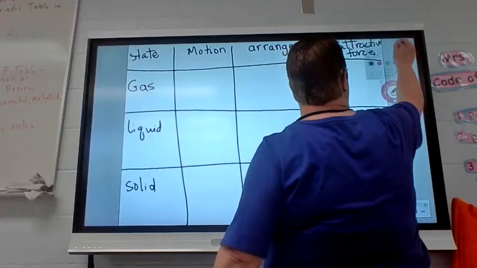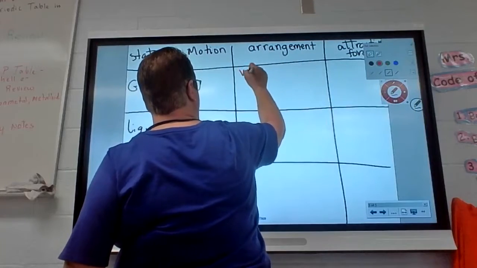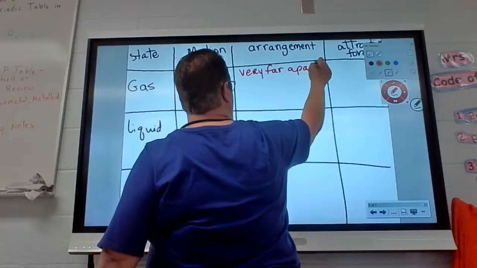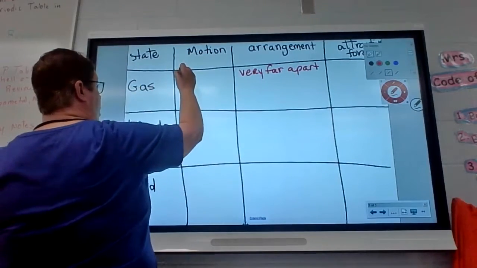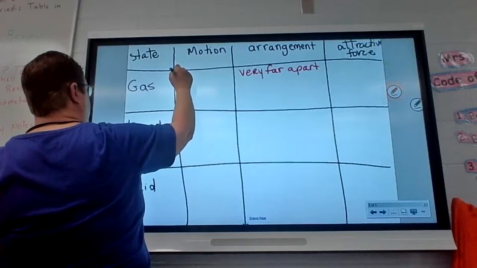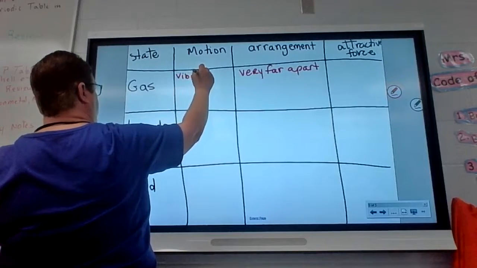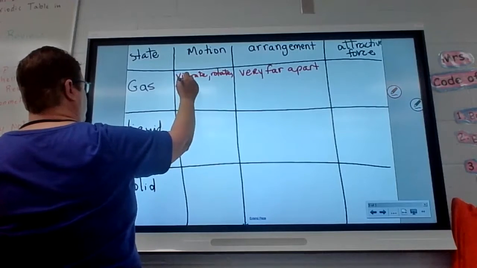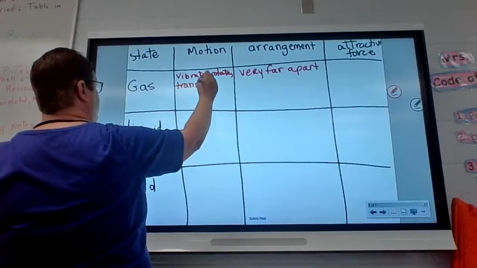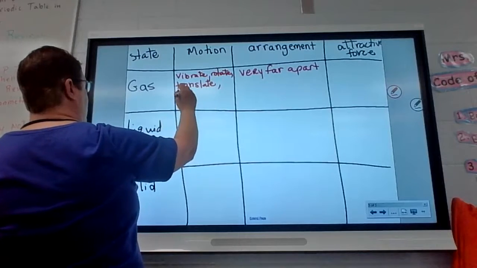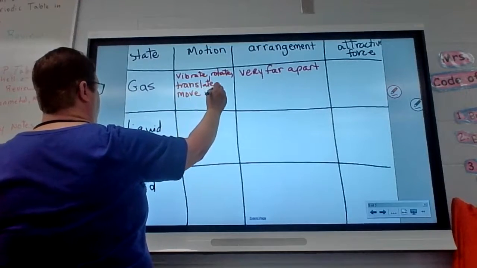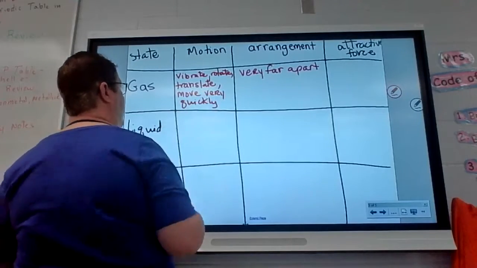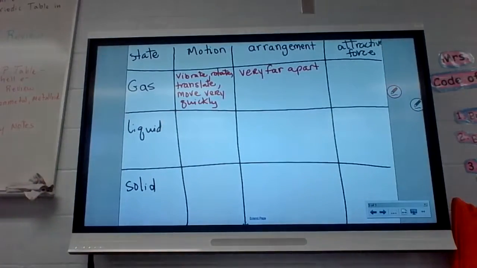So since they're so far apart, they're able to vibrate, rotate, and translate. Okay? And they move very quickly. They're able to move very quickly because they're very far apart.